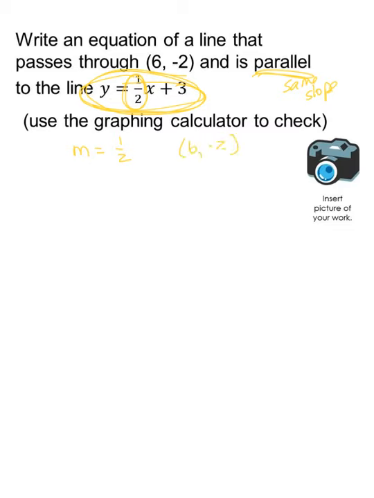So I'm going to use point-slope form. y minus -2 equals 1/2 (x minus 6).